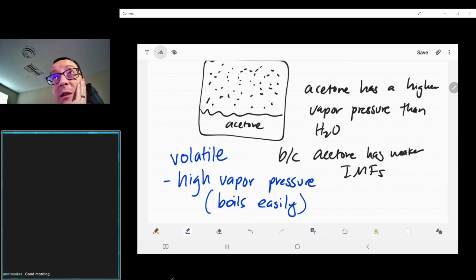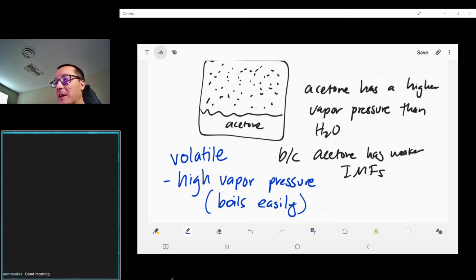You can use it as a nail polish remover. It's also used in a number of industrial things. So you might use it as a cleaning agent or a solvent. If you get acetone on yourself, it'll feel very cold and it'll boil off your skin very, very quickly compared to water. And so it feels cold because it's extracting the energy from your skin as it boils away.